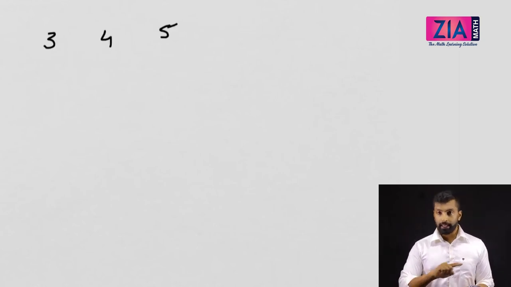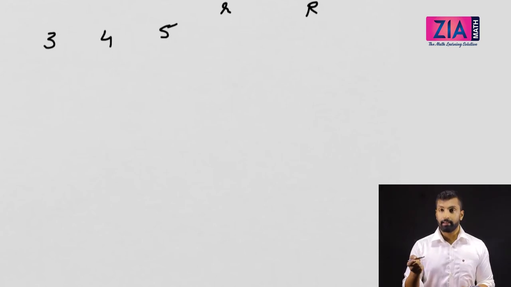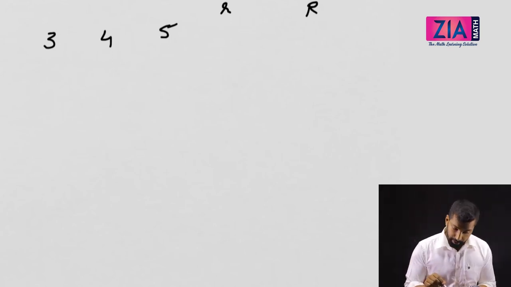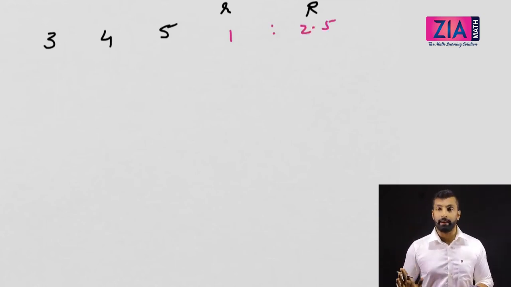See, the moment you see right angle triangles, it's like 3, 4, 5. Three sides are given, 3, 4, 5. I give you the ratios, the inradius and outer radius. So the ratio will be 1 is to 2.5, and this ratio will be maintained.